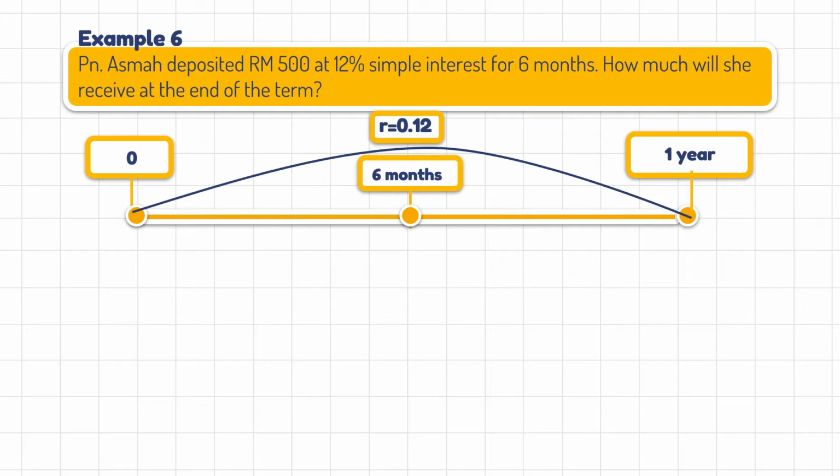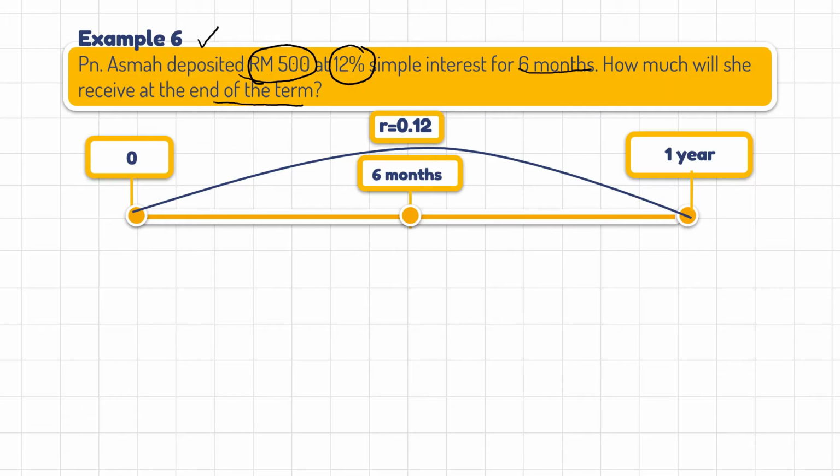Let's proceed with example 6. Puan Asmah deposited RM500 at 12% simple interest for 6 months. How much will she receive at the end of the term?